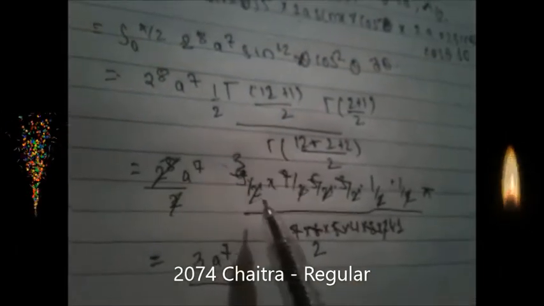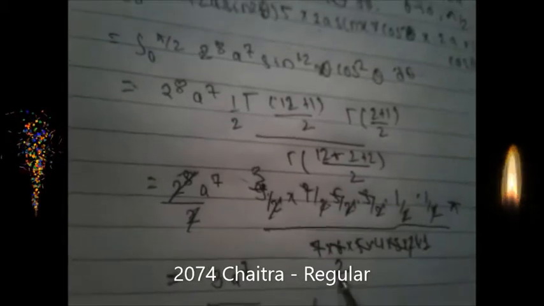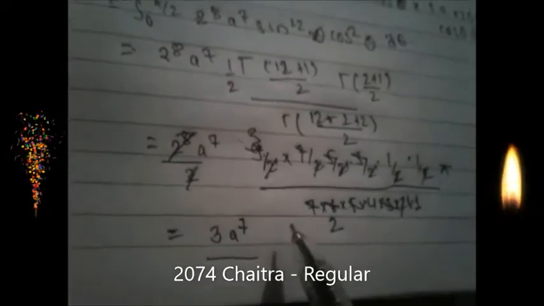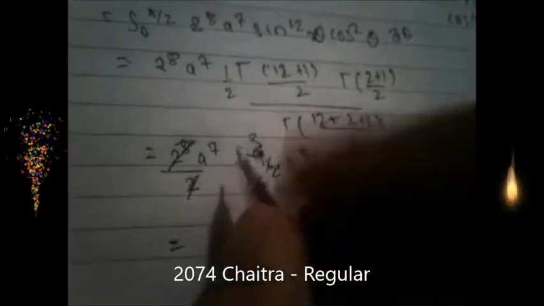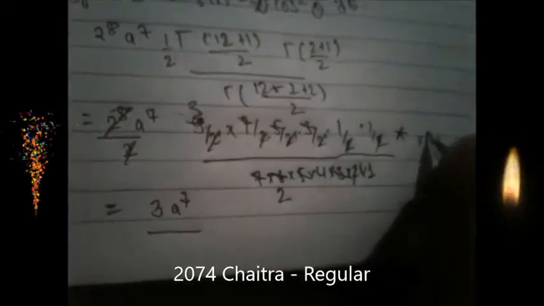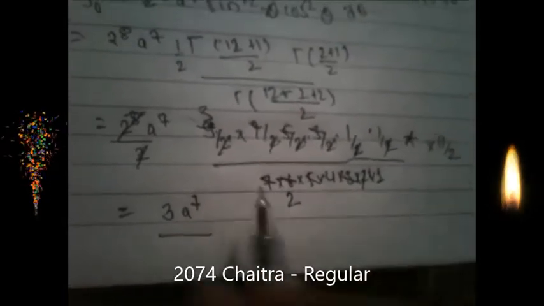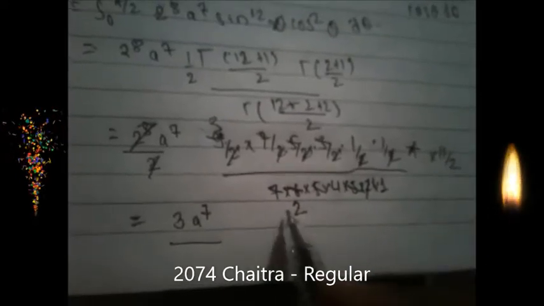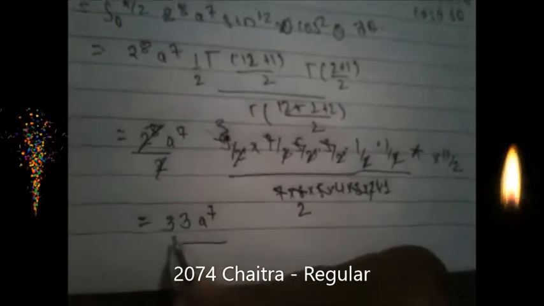I think all are done. 4 into 2 is 8. I hope it is 8. Here 12 plus 1 is 13 by 2, so 11 by 2 is missing. So what do we do? 11 by 2 is missing, so 2 into 2 into 4, 11 into 3 will be 33.